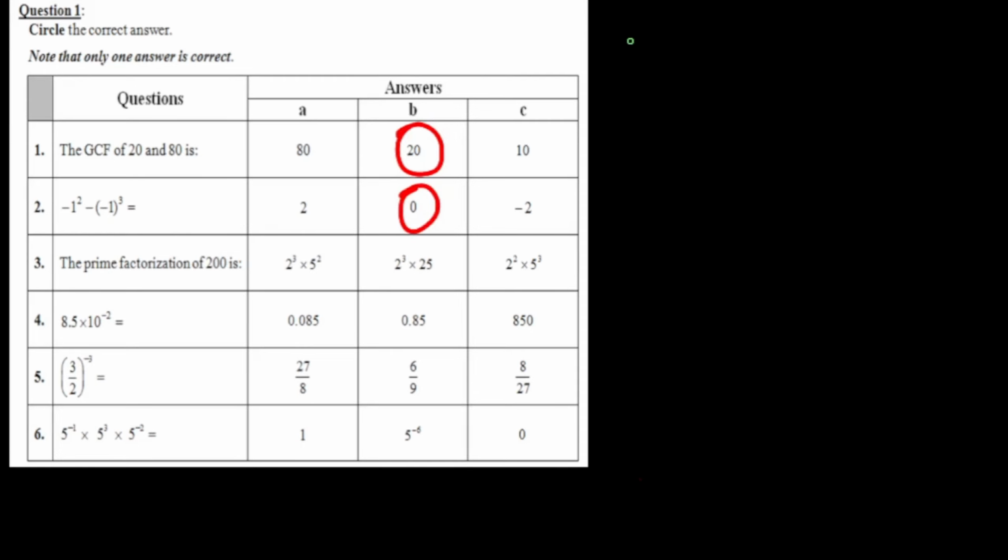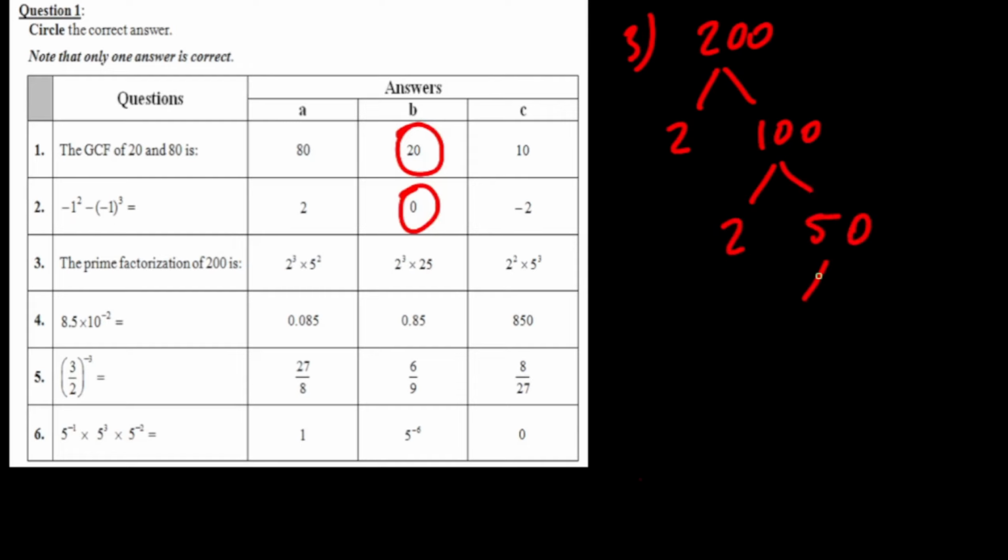Now let's move on to part 3, where we have to find the prime factorization of 200. To do this, I like to use the factor tree. So we have 200, that's the same as 2 multiplied by 100. And 100 is 2 multiplied by 50. 50 is 2 multiplied by 25. And 25 is 5 multiplied by 5.